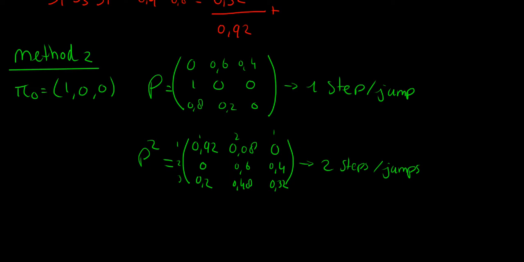So if we want to calculate with this initial distribution, all we have to do is multiply the initial distribution with this transition matrix of 2 steps. And if you want to have 5 steps, we could just raise the matrix to the power of 5, which results in the next vector of 0.92, 0.08, and 0.